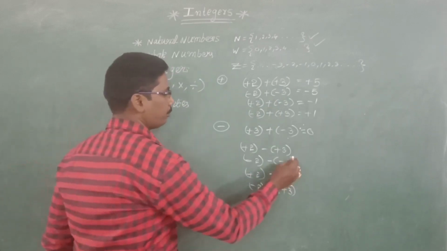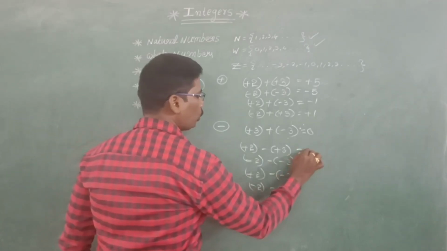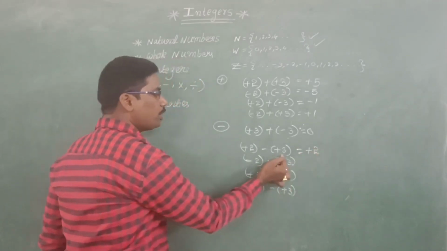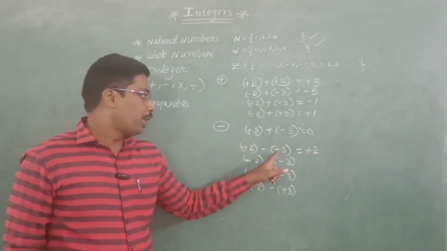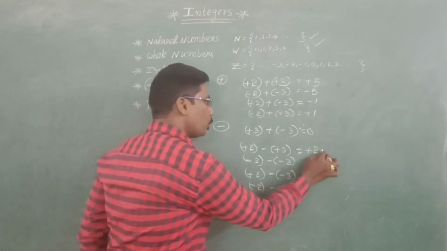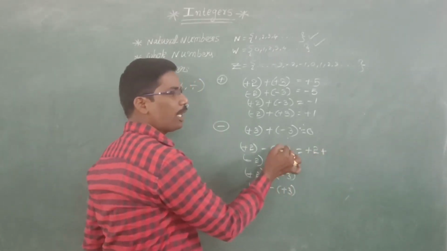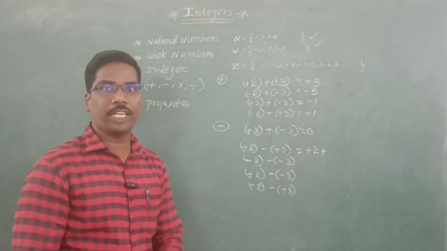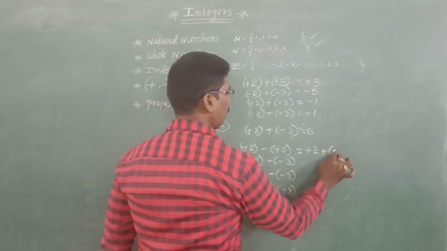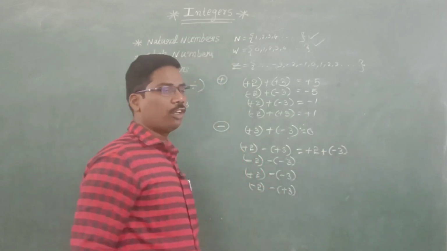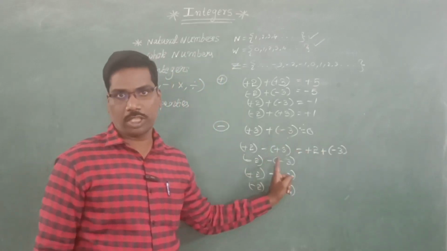How, sir? See here, this plus 2 only. Instead of subtracting plus 3 from this, you add to plus 2 the additive inverse of plus 3. What is the additive inverse of plus 3? Minus 3, because we have studied.